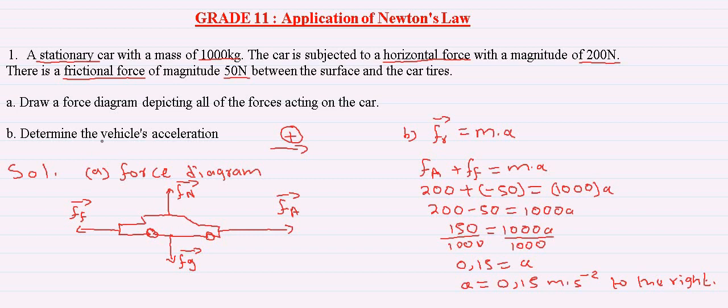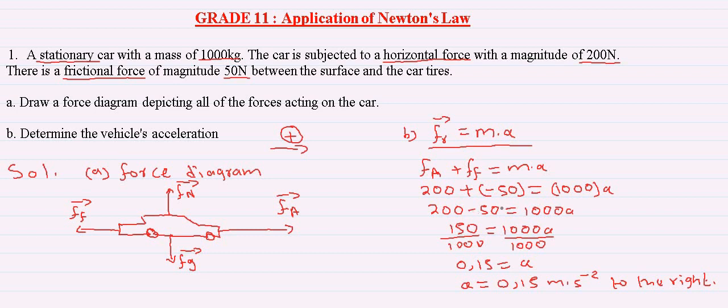Number 2, they said determine the vehicle's acceleration. For us to be able to determine it, the resultant force is equal to mass multiplied by the acceleration. How many forces are acting on the car? It's 2: the applied force and the frictional force, equal to ma. Our applied force is 200 Newton plus negative, indicating the opposite direction, 50 Newton, equal to 1000, which is the mass, multiplied by the acceleration.